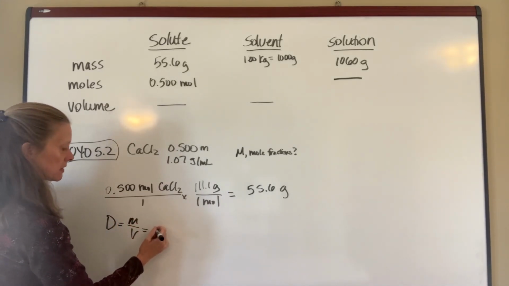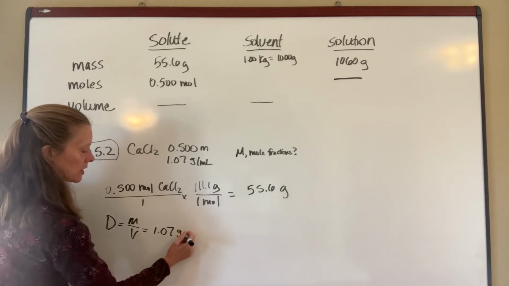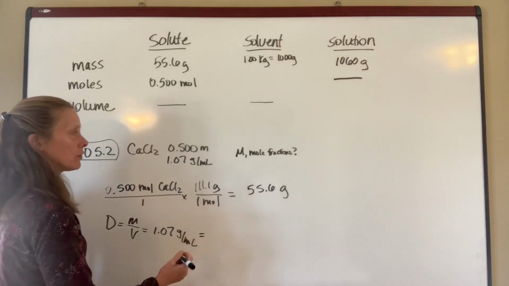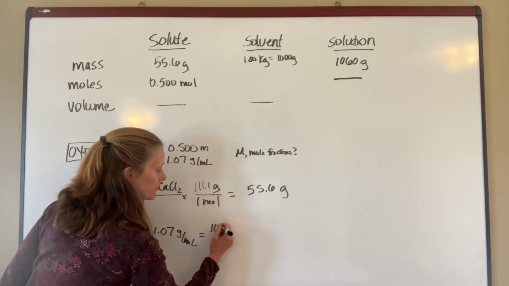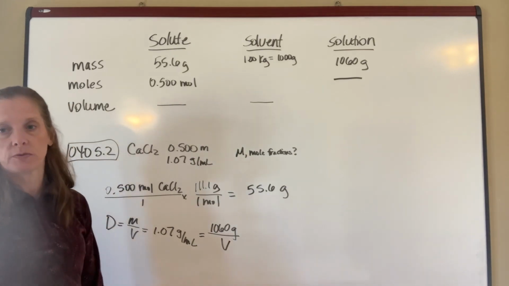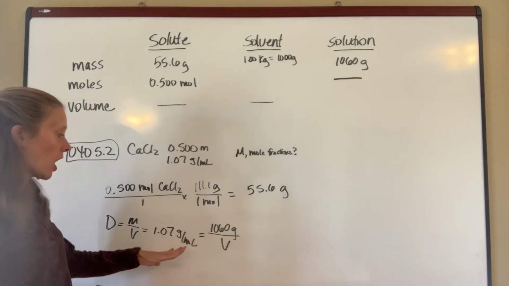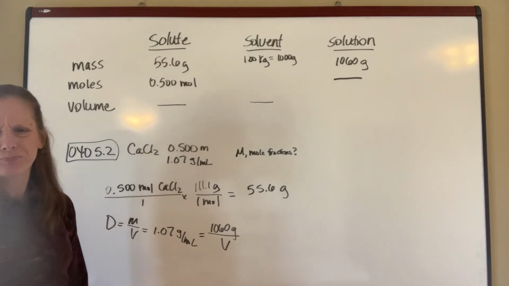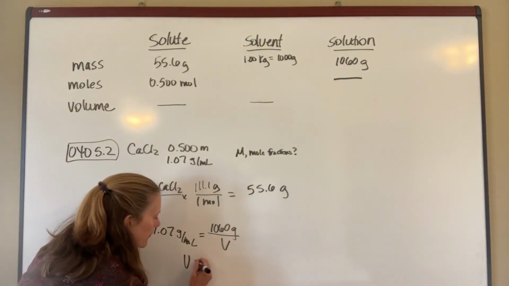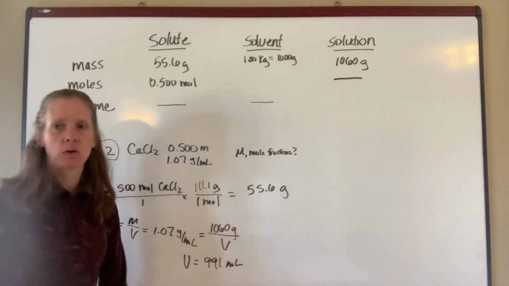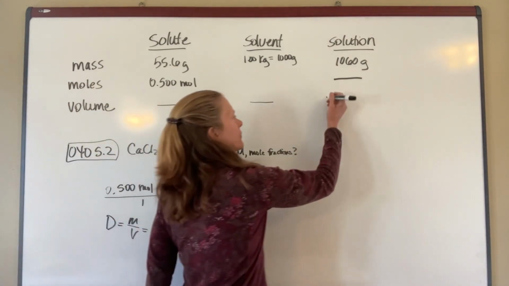I know the density, 1.07 grams per milliliter. I know that the mass of the solution is 1,060 grams. So now I can find the volume of the solution. And when I solve this, take 1,060 and divide it by 1.07, that's going to give me a volume of 991 milliliters.